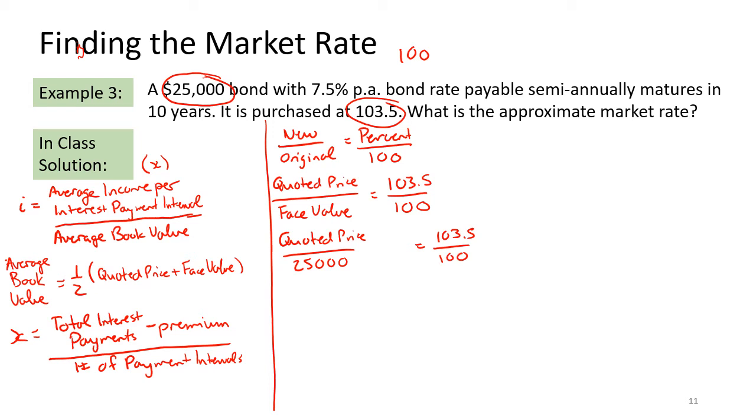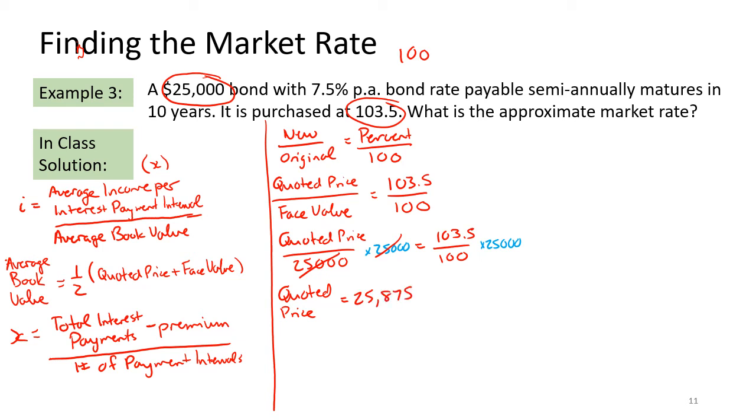I left a space because now we have to get quoted price on its own. To do that, you multiply both sides by 25,000. The 25,000s cancel on the left. And what we're left with is our quoted price is equal to 103.5 divided by 100 times 25,000. If we do that, we get $25,875.